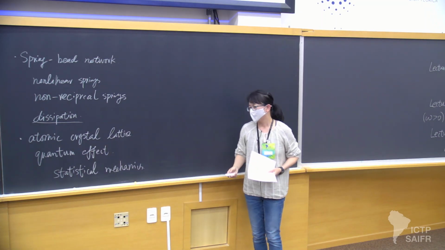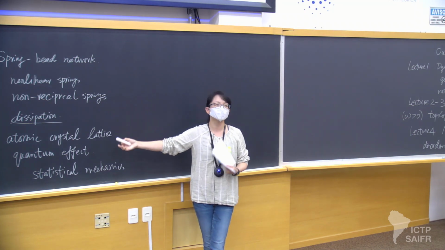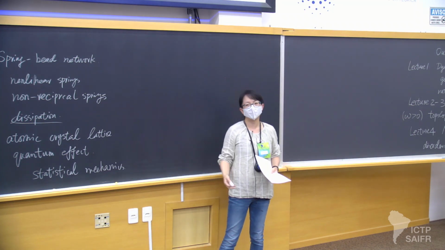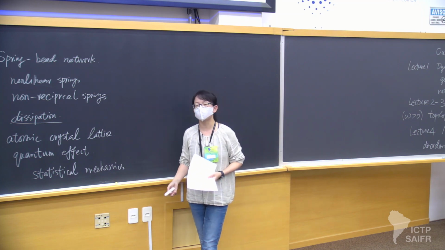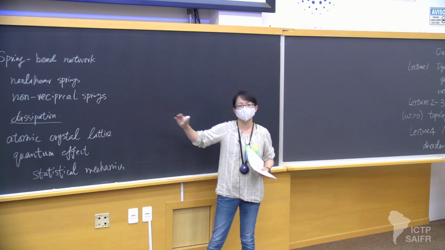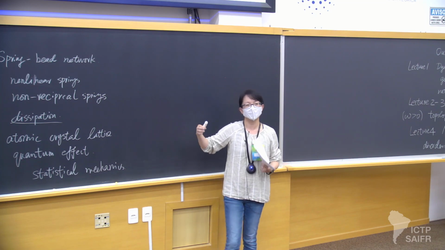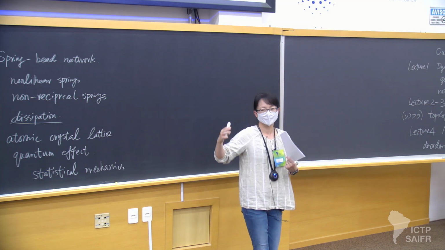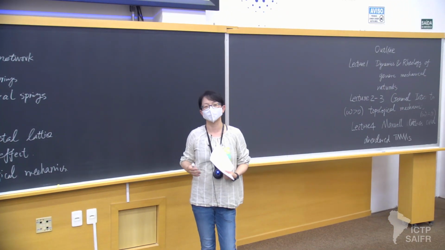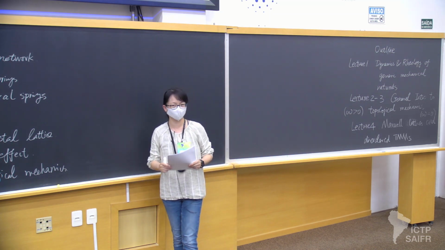Right? So if you have a purely classical system, all of the modes are excited by equipartition. But if it's a truly quantum mechanical system, each of the modes should be treated as a harmonic oscillator. And there will be quantum fluctuations that dominate the low energy theory. Okay? But we're not going to go into too much detail there.